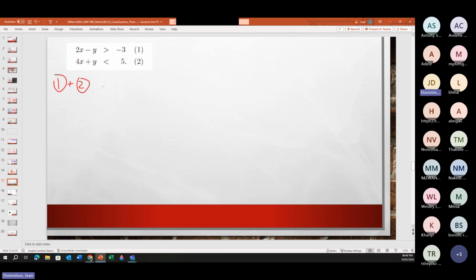So 2x plus 4x is 6x. That will fall away. Minus 3 plus 5. So this is just to work out the x's. If I need to draw it, it will be something way different. So that will be equal to 2. So x would have been, so this is not how we're going to draw it, because it will be different.